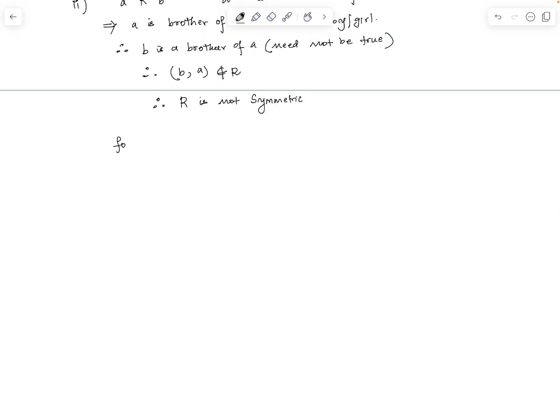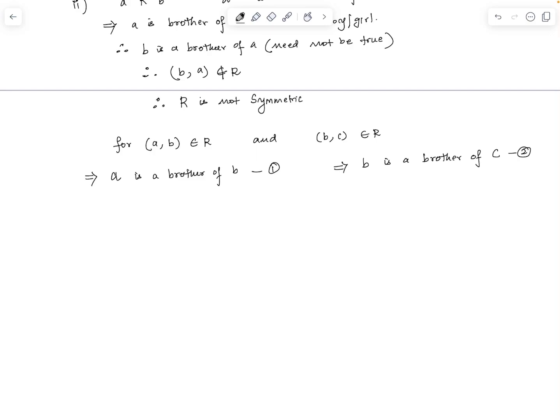Coming to transitive, for (A, B) in R and (B, C) in R, this implies that A is a brother of B, and when we say (B, C) in R, this implies B is a brother of C. Analyzing statements 1 and 2, we can come to a result that A is a brother of C, which implies (A, C) is also in R. Therefore, R is transitive.